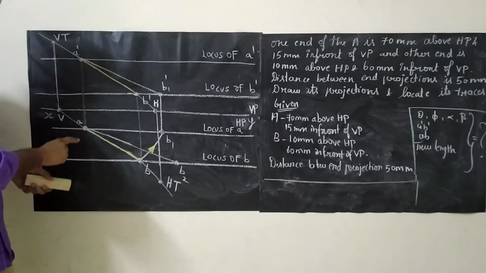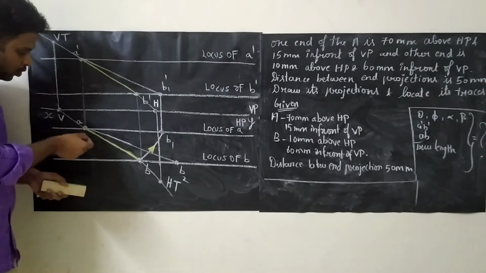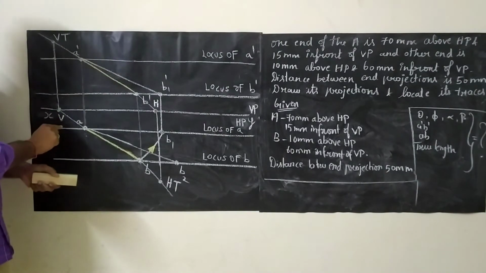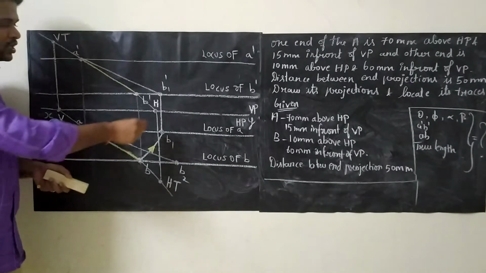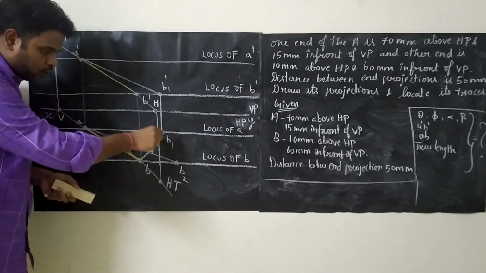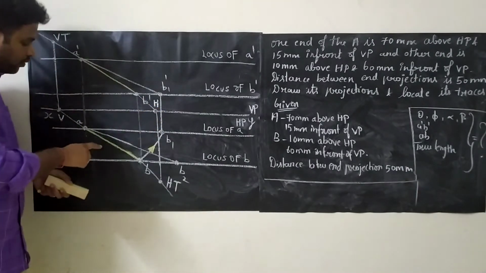Next step is to extend your top view till it reaches the reference line and mark that point as capital V. Next step is to draw a vertical line downwards from the H point in such a way that it has to touch the top view.